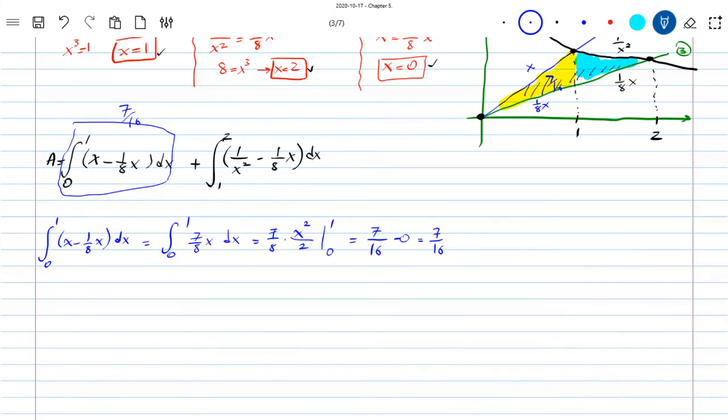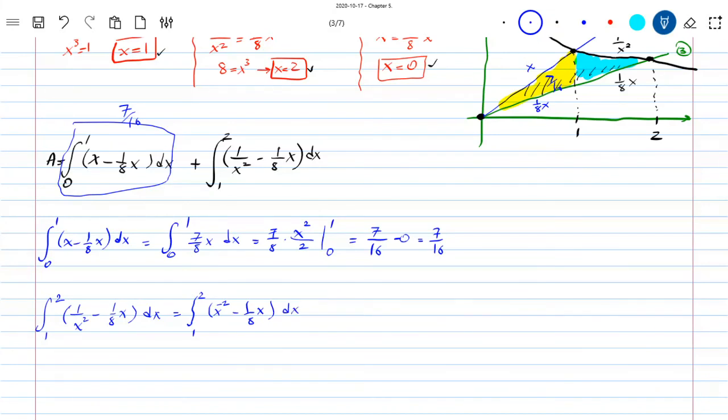And then the other part of the integral, from 1 to 2 of 1 over x squared minus 1/8x dx. You can always write 1 over x squared as x to the power negative 2, minus 1/8x, dx.